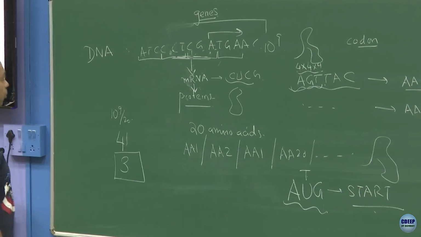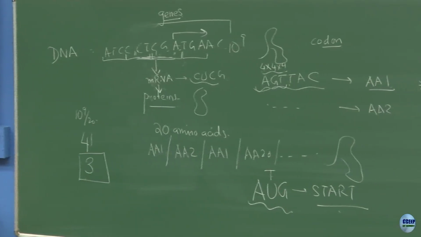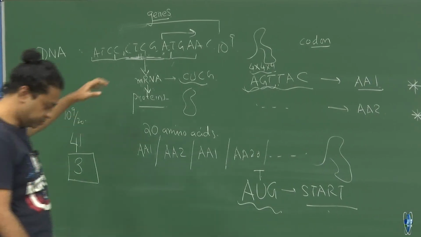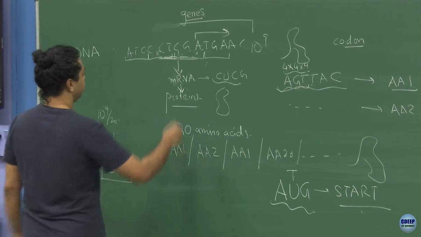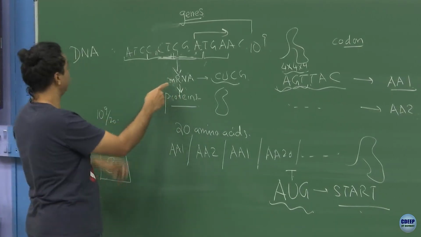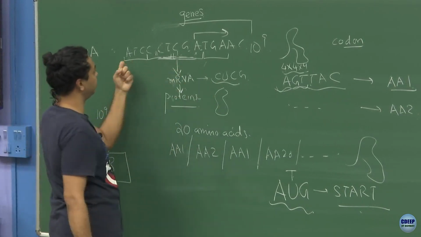Okay. So, what is the role of this RNA in the middle over here? This is a multi-step process. What this RNA does is that this RNA is another polymer. It's another sequence like this. It is exactly the sequence of the DNA.